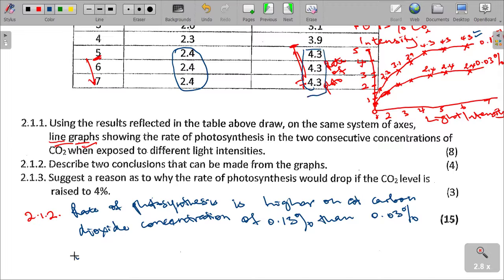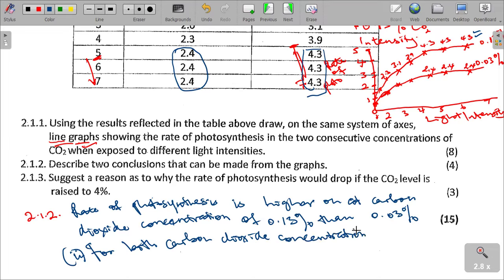So the other conclusion that can be said is that for both carbon dioxide concentrations, what happens to the rate of photosynthesis?